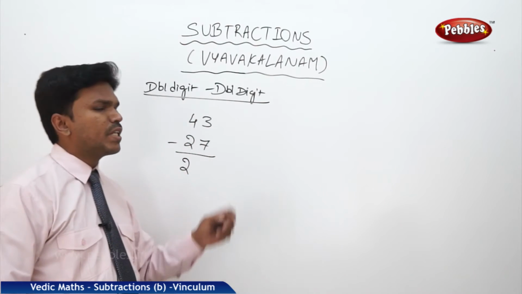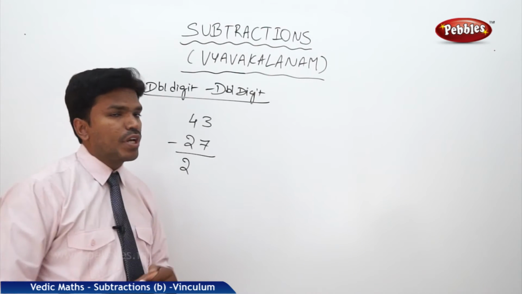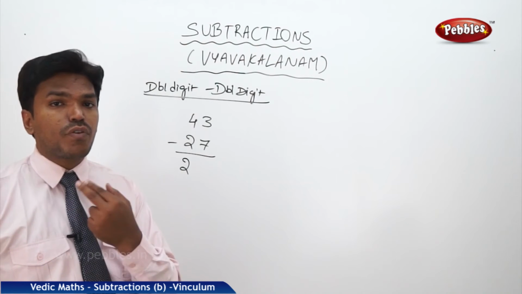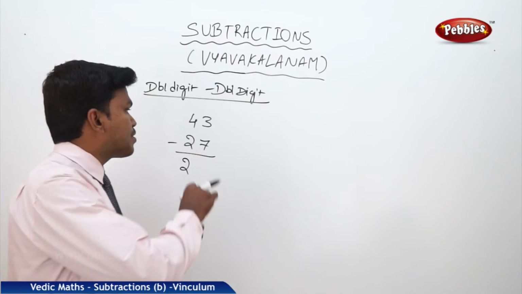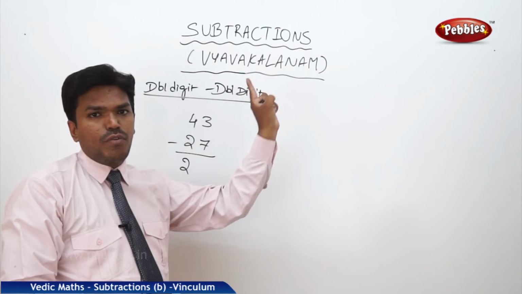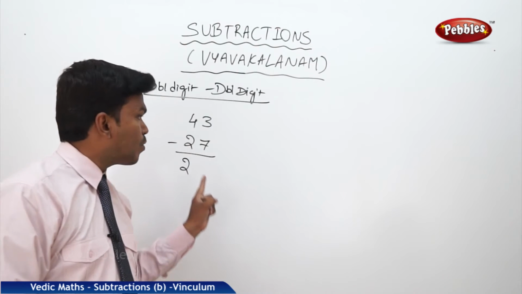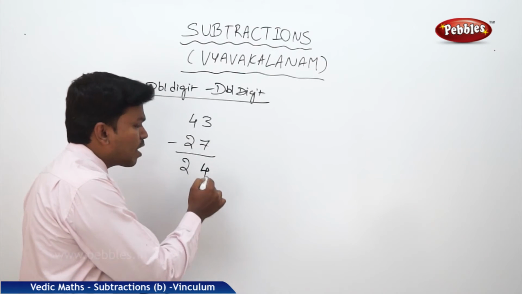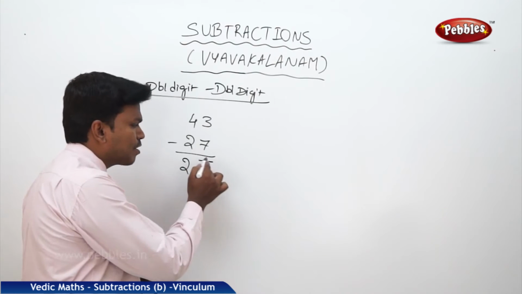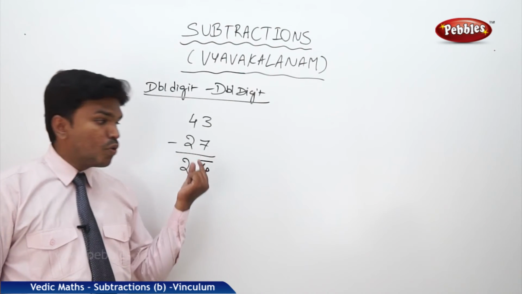Now, 3 minus 7. Is it possible? No, it is not possible. So if the subtraction is not possible, what are we going to do? We are going to subtract in the reverse manner, that is 7 minus 3. We subtract the minuend from the subtrahend. So how much will you get as the result? 4, but with a bar on it. Now we got the answer as 2, 4 bar.